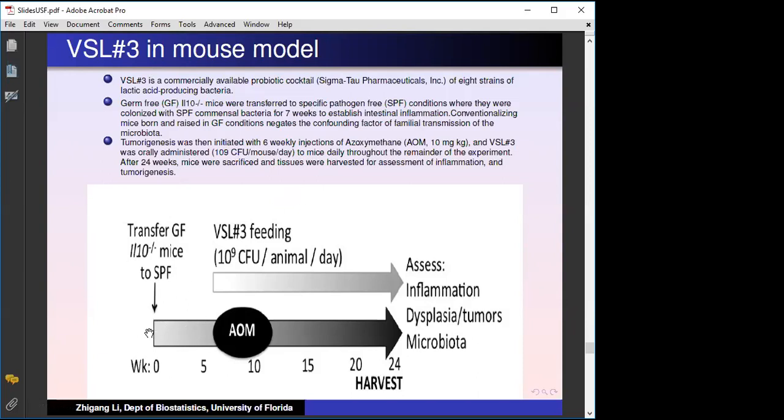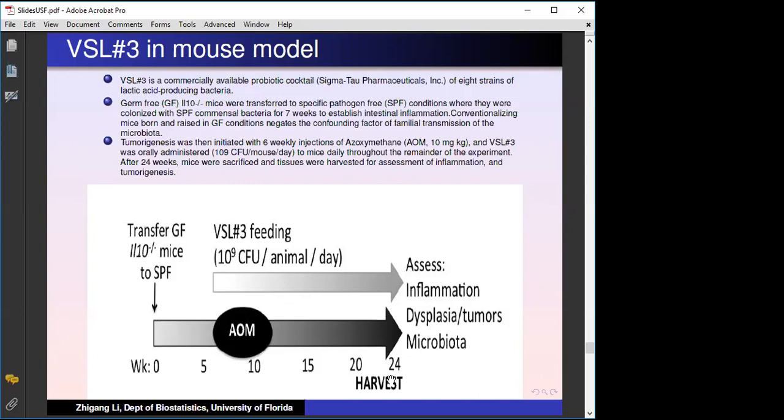That takes a few weeks. After that, they give the AOM to the mouse to initiate the tumorigenesis. And then the mice were divided into two groups. One group received this VSL number 3. The other group is a control group, which received nothing.